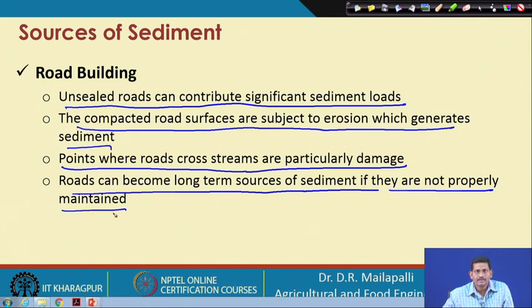This is the regular practice: in the summer season, all roads are laid and maintained very well, and then in the next rainy season, because of poor maintenance, the roads are damaged by the heavy rain and flooding, and that causes the removal of the concrete material and the fine particles from the roadside.